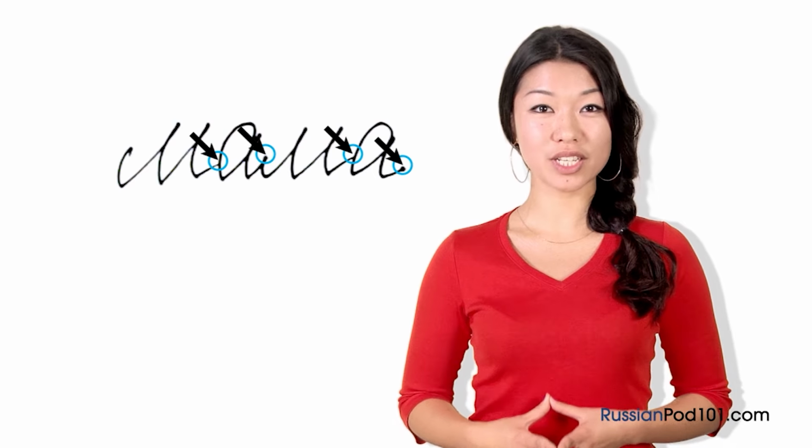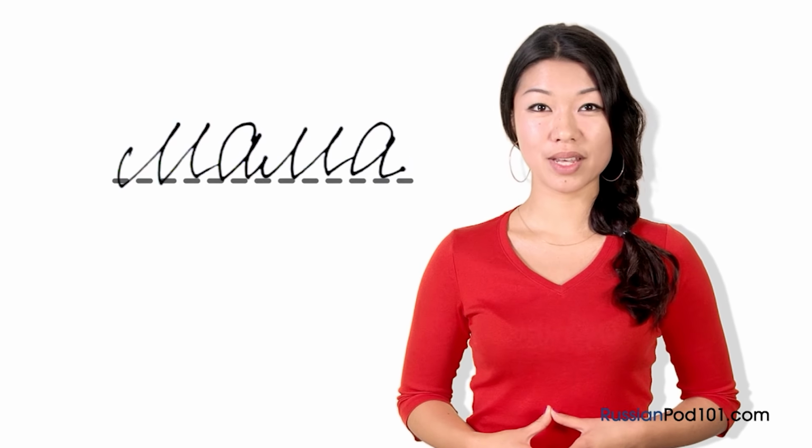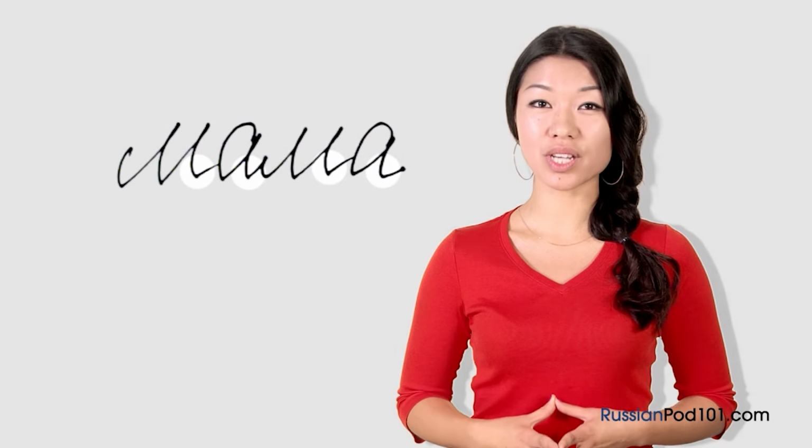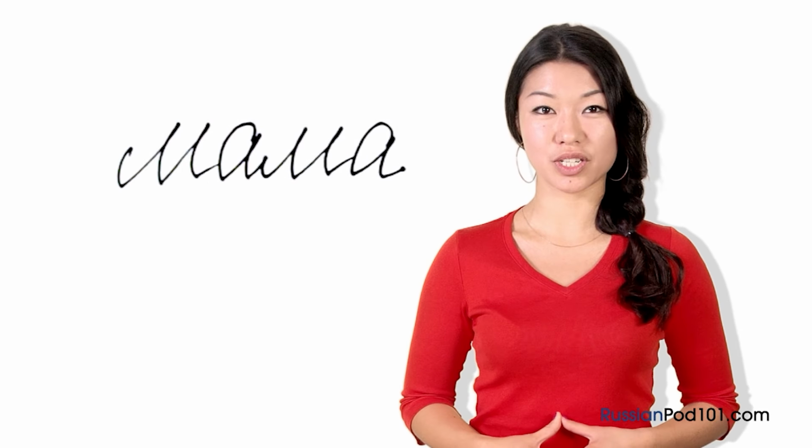Remember, in Russian cursive, the connecting point of each letter is actually above the line. So we have to make a hook to start these letters from the correct position. It's important to note that when the letter begins a word or stands alone, it doesn't really look like a hook.